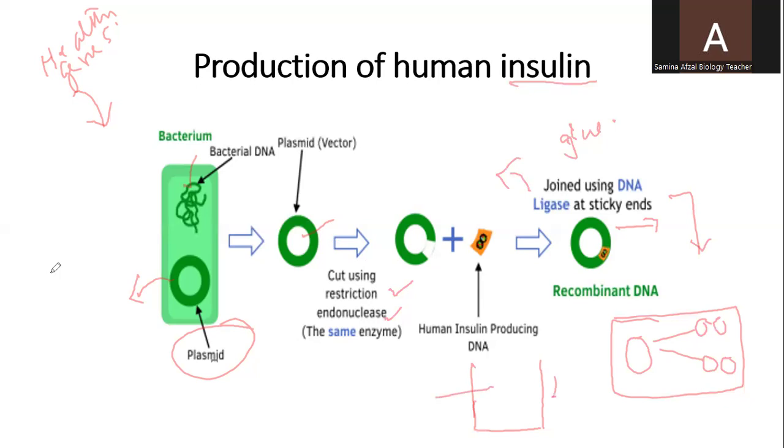In the fermenters they can be produced, and then from the fermenters, when the insulin is extracted, it can be harvested for use as a medicine for different people who are unable to produce this insulin in the body. So in this way, the production of human insulin takes place.